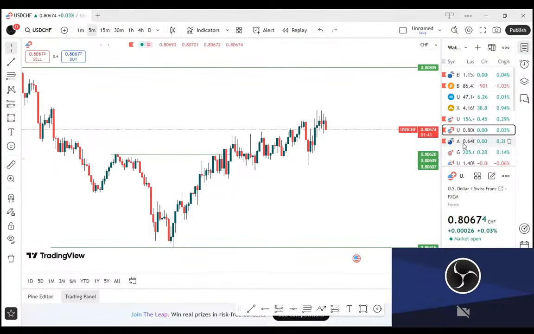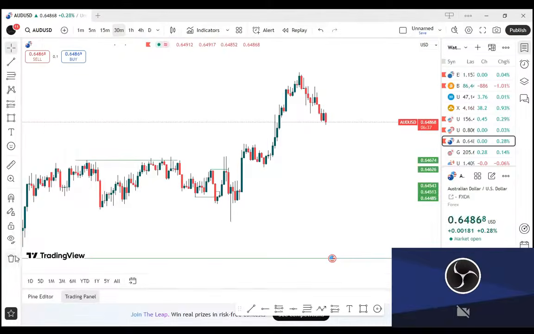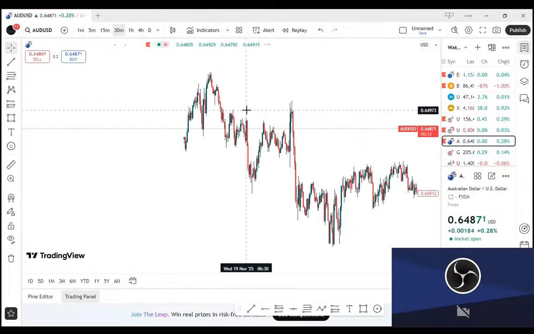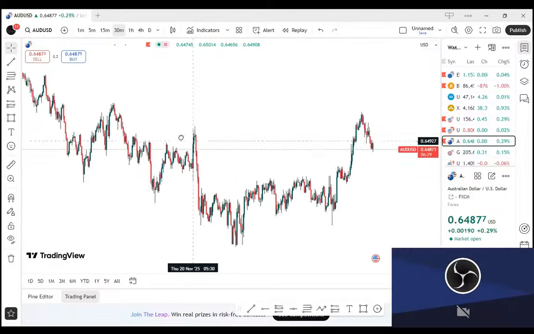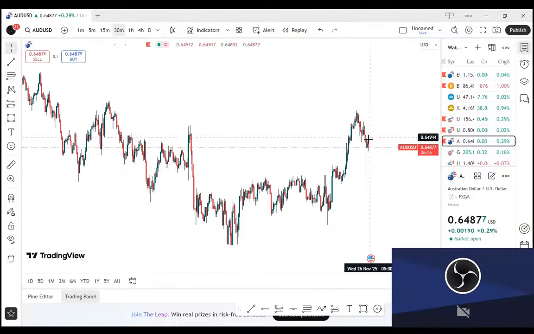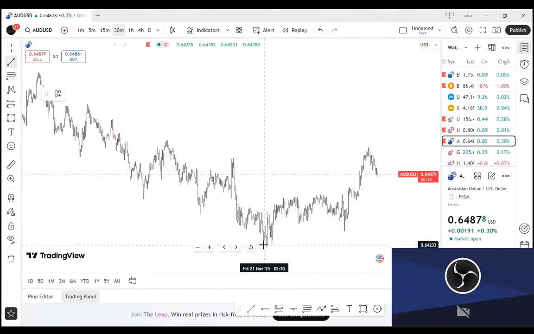So what you have to do, drop lower again to AUD 30 minutes time frame. We're going to clean up the analysis and look at the structures. You notice the price was bearish, so it was a selling opportunity, and then it came all the way to this high. This is when price started making a pullback, and before that, it dropped all the way to this, which is now the lowest level again.